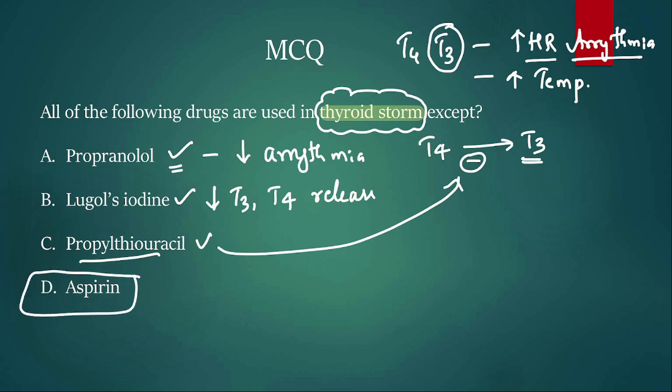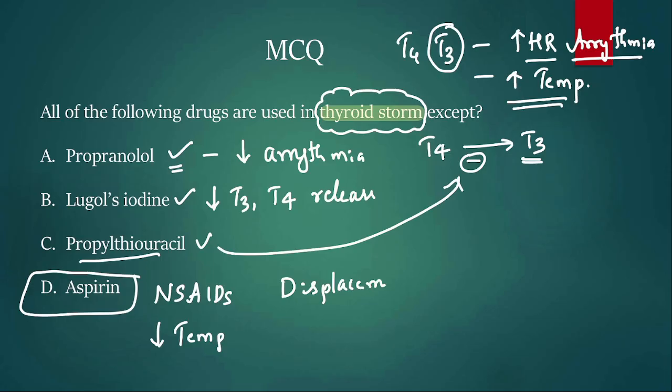Why is aspirin not used? Aspirin is an NSAID, and as you remember, it should have decreased the temperature, right? It's an antipyretic. If there is an increase in temperature, then why not give aspirin? Because aspirin displaces T3, T4 from their binding, and they increase the T3, T4 level.